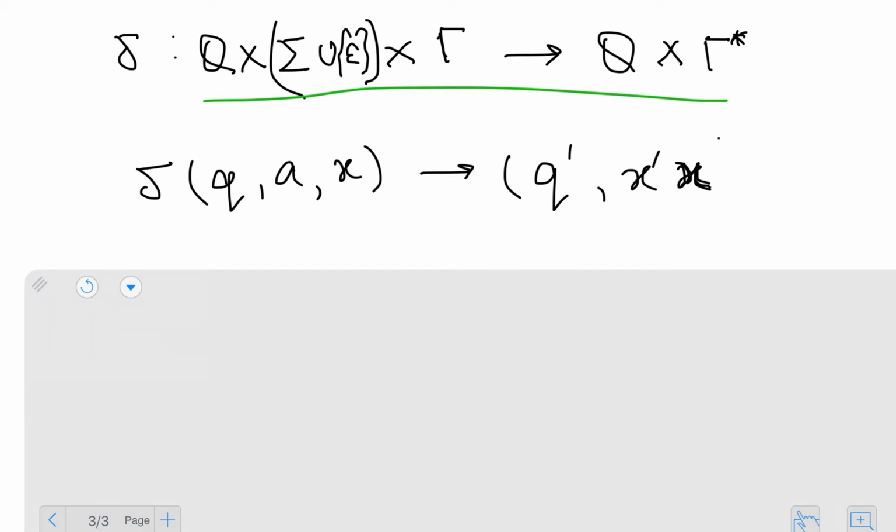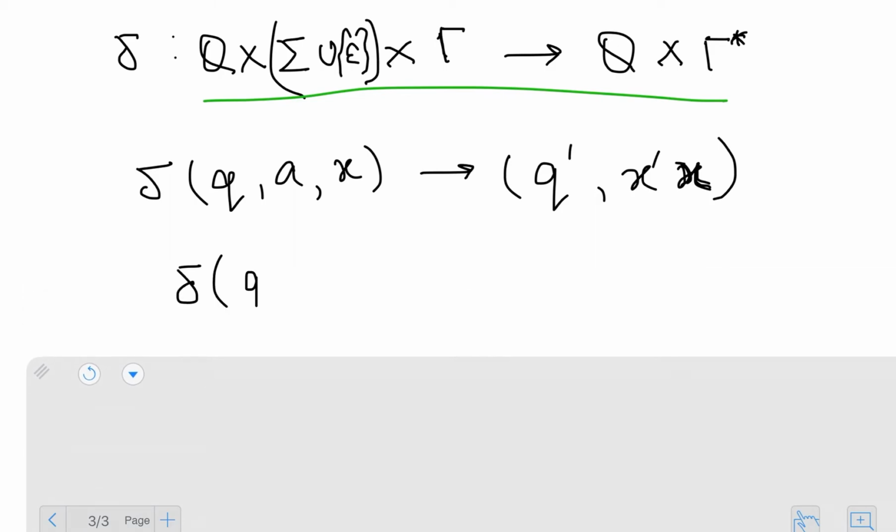We could alternatively also just change the stack top symbol, or we could also say a pop. A pop is often denoted by something like this: q comma a comma x goes to q prime comma epsilon, which means that I'm changing the top symbol of the stack to an epsilon, which is empty. So this is how we write our transition function for pushdown automata.